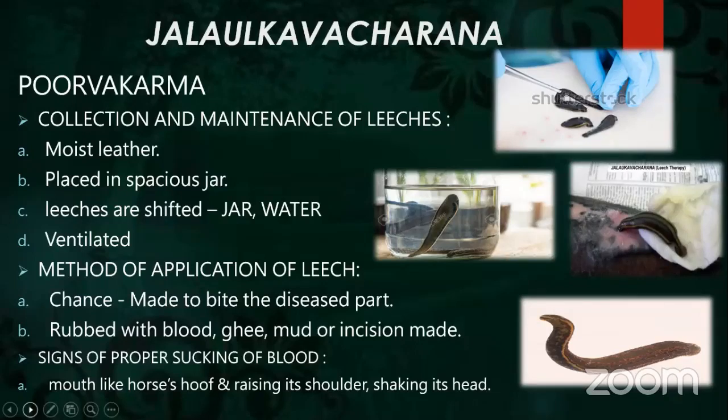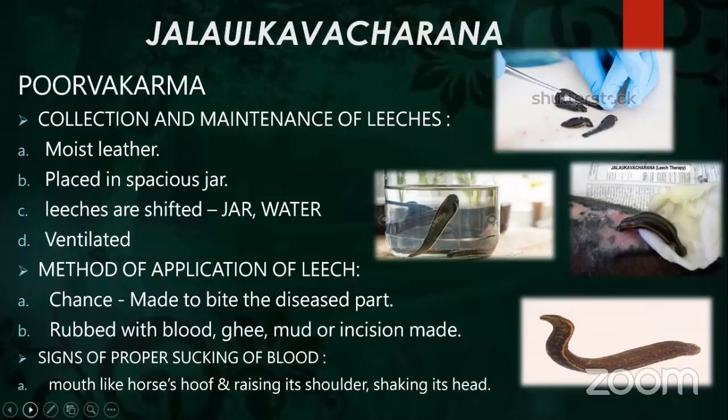After that you have to place it in a container which has lids with holes in the lids. This helps for better circulation for the leech. You can collect it in a container or pot. Once in 3 days you have to change the water, and once in 7 days you have to change the container.